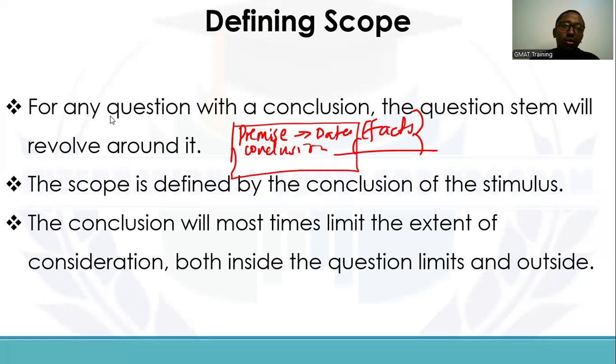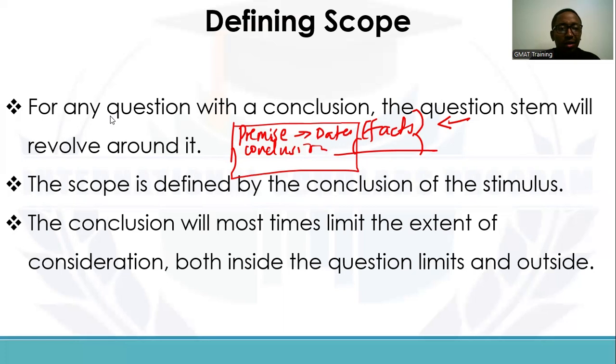If the conclusion limits itself to one single fact, it means that the other facts are actually out of scope. Even if the answer options touch on the other facts, we do not consider them because the conclusion has limited itself to one specific part of the premise.